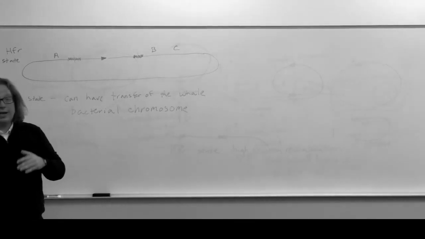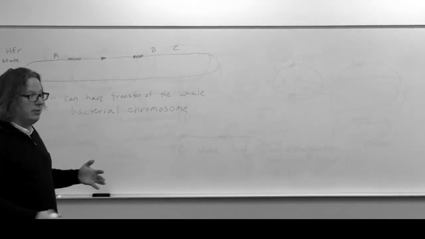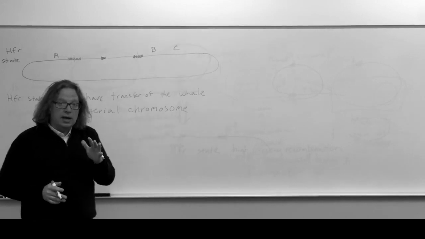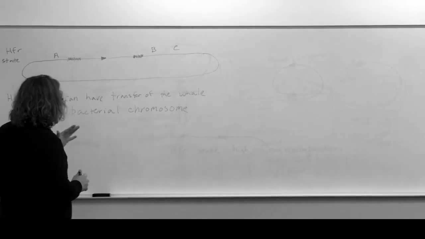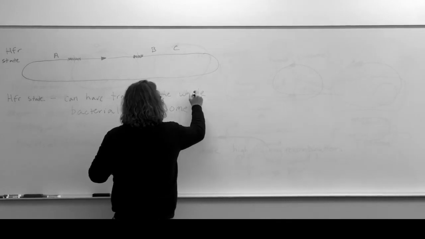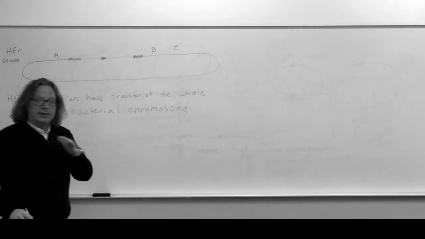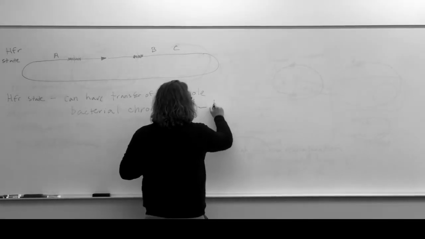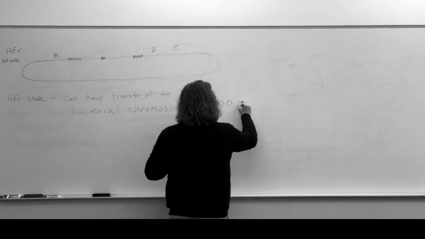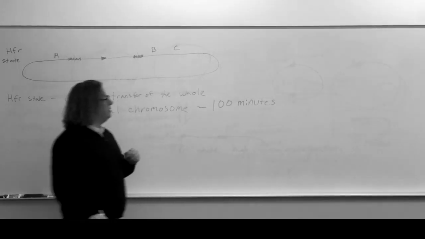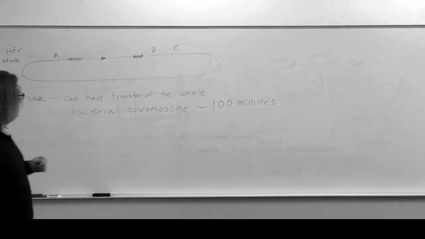This takes a long time. The whole bacterial chromosome is about 5 megabases, or 4.6 times 10 to the 6th in E. coli. Transfer of the whole bacterial chromosome takes about 100 minutes to move the whole thing across.